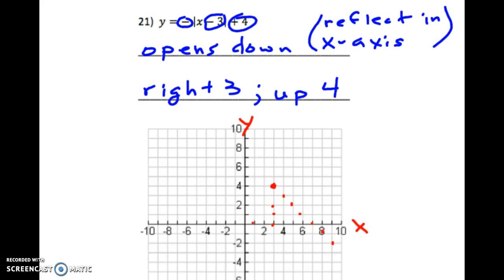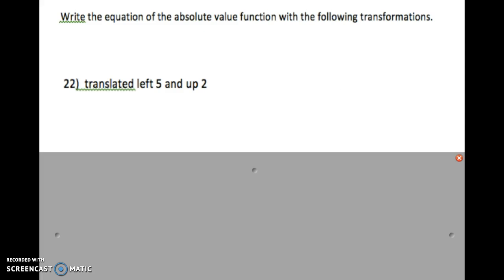So down 1, right 1, down 1, left 1 on the left side. Extra dots. There you go. For 22 and 23, we're going to write the equation out.